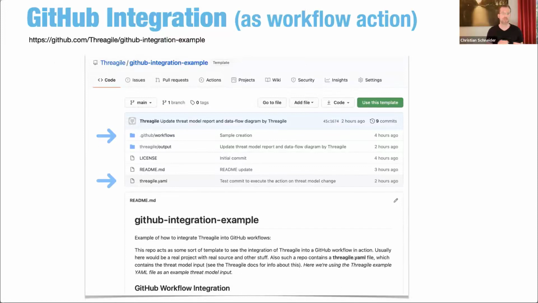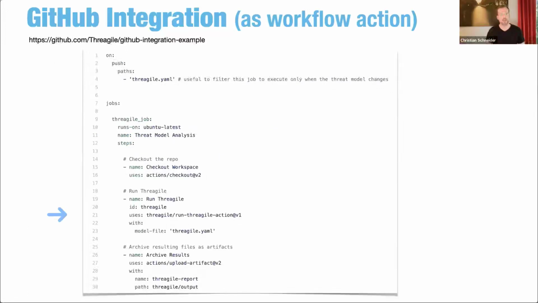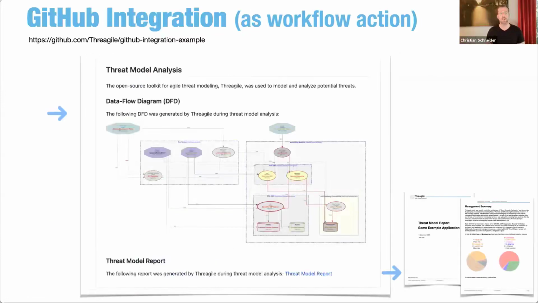There's an official Agile action for GitHub that you can use. So every time a Agile model gets pushed to the repo, then the Agile action is actually executing and running on that model. It generates the results and the reports, and you can even, if you want to do that, auto update the repository page if you want to do that. Or other way, anyway, process the results.